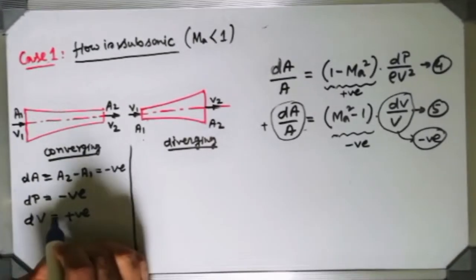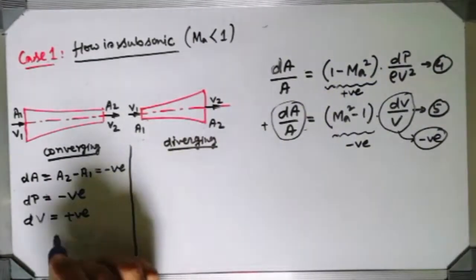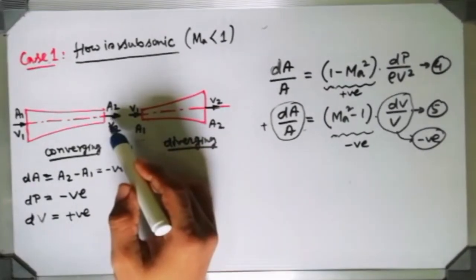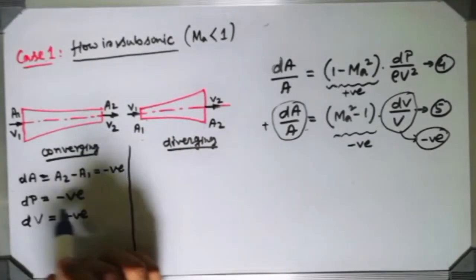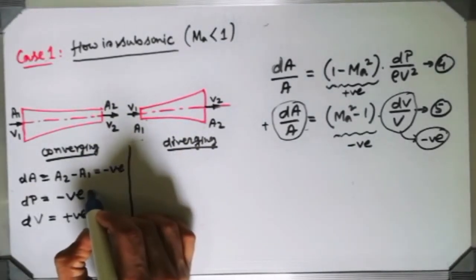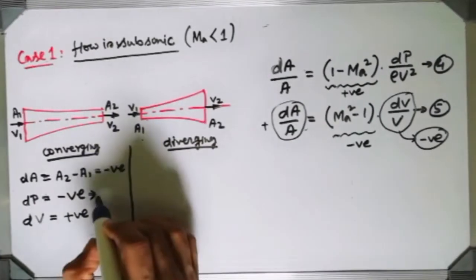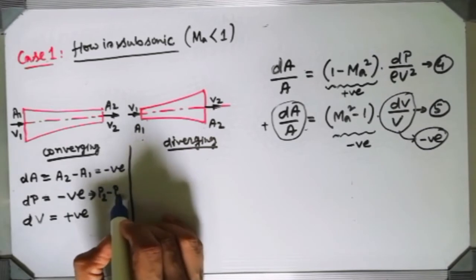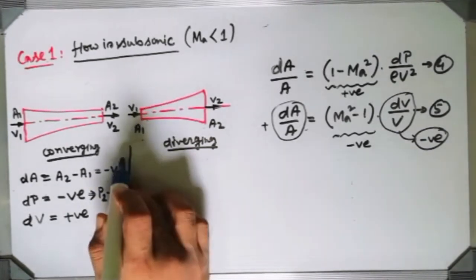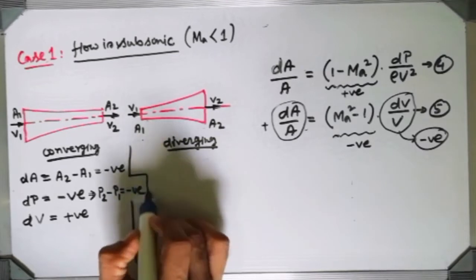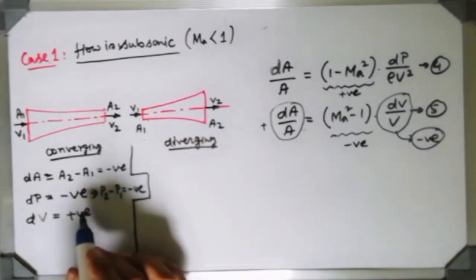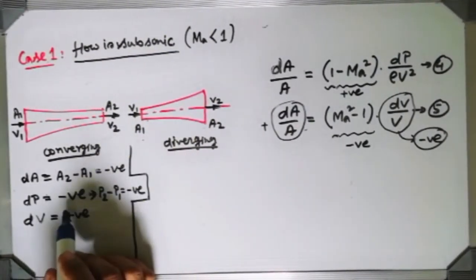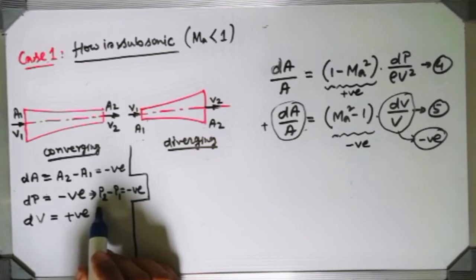From equations 4 and 5, we can conclude that here dA is negative, and as a result dP will also be negative. dP negative means what? dP means final pressure minus initial pressure, and if it is negative, then the final pressure P2 is less than the initial pressure P1.